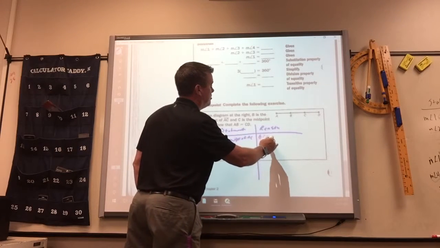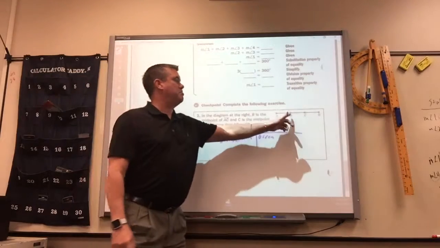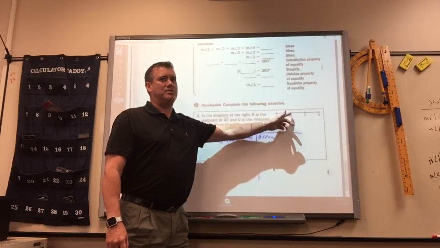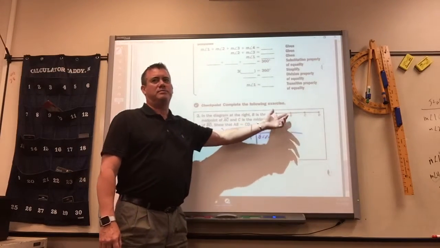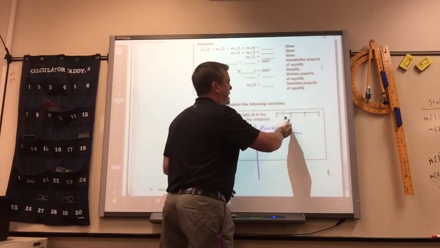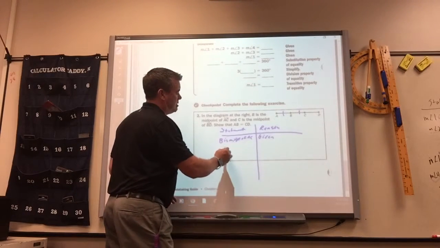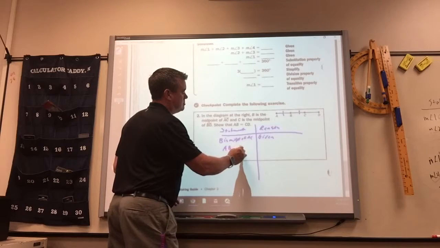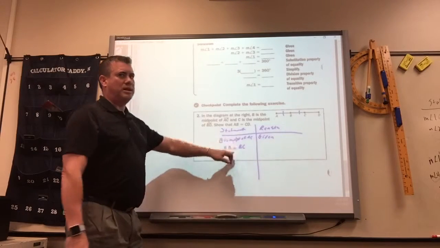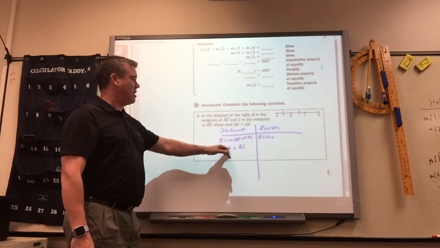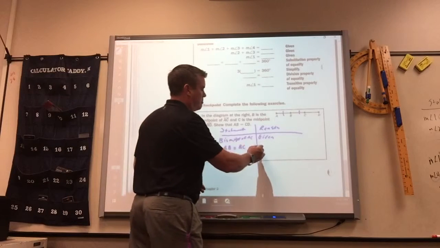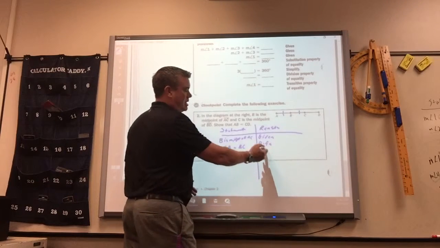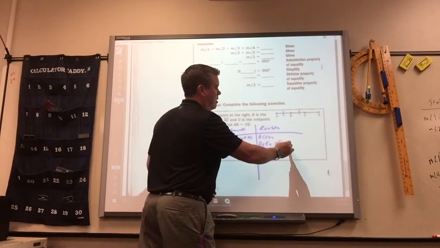That's given. Now, since B is the midpoint, that means it cuts it into 2 equal pieces, right? So that means then that AB equals BC. This is one that you will see in the future a lot. All that is, that's the definition of a midpoint. So you can abbreviate definition of midpoint.